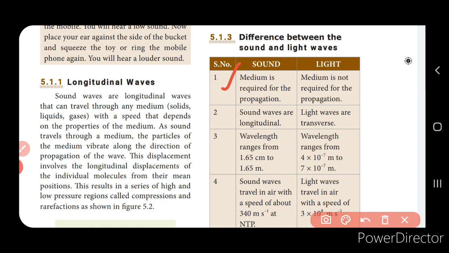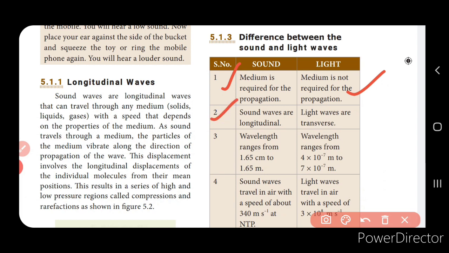If the bell rings, you are not able to hear the voice, because sound requires a medium, as the particles in the medium vibrate and transmit the sound waves. But light does not require any medium, it can travel even through vacuum.